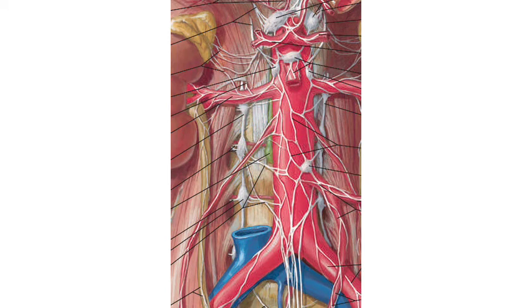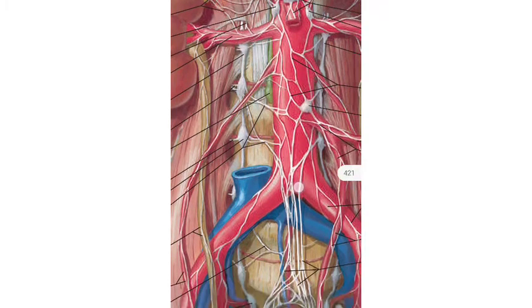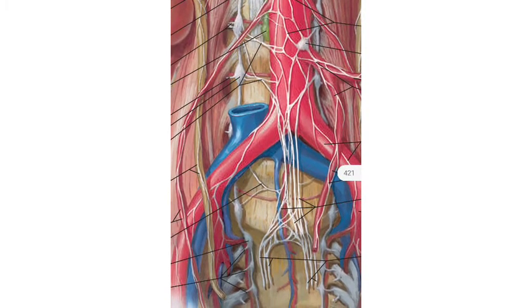So this is the third ganglion. It gives splanchnic branches in front of the common iliac artery, this region, and joins to form the superior hypogastric plexus, which is present over this region.